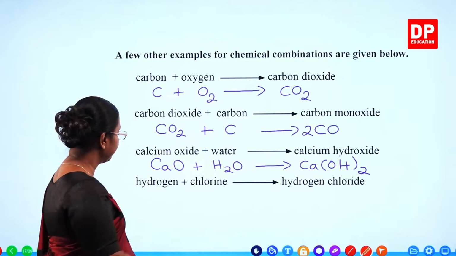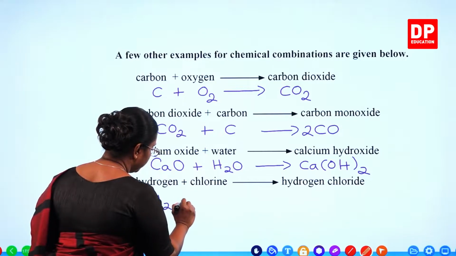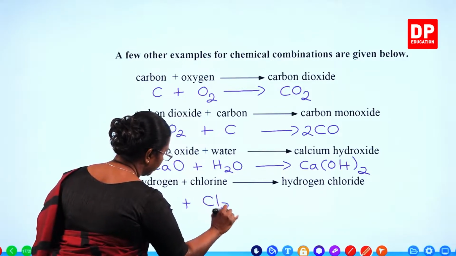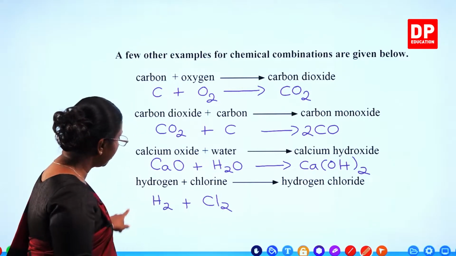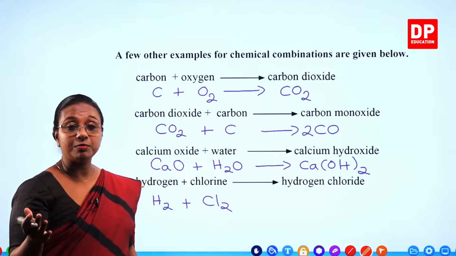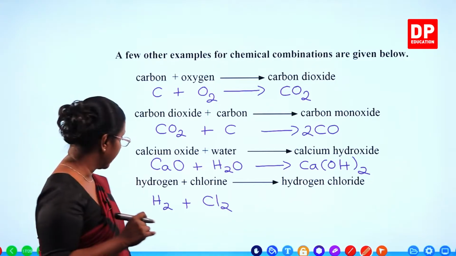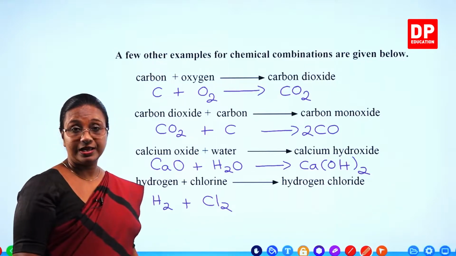Then the last one, hydrogen and chlorine, H2 and Cl2. Both are elements. Both of them exist as diatomic molecules, in the form of H2 gas and chlorine gas.